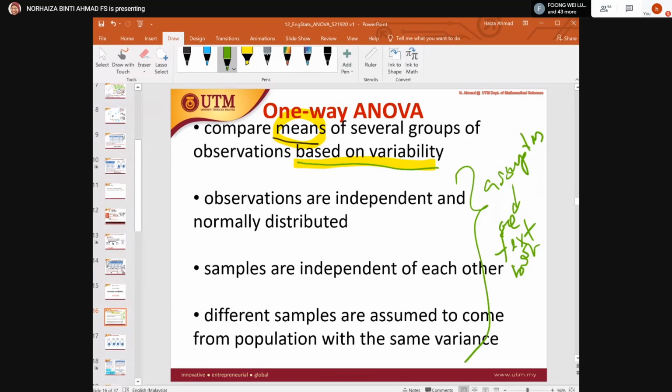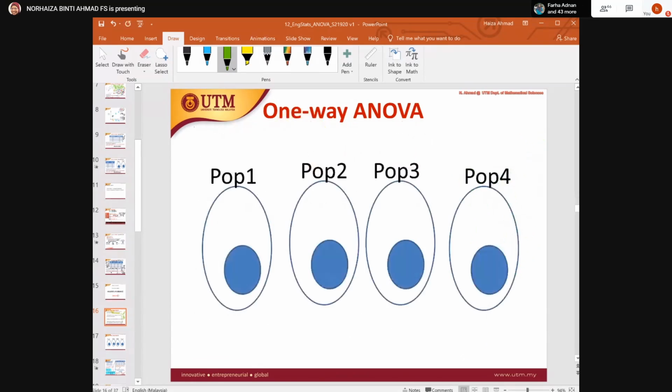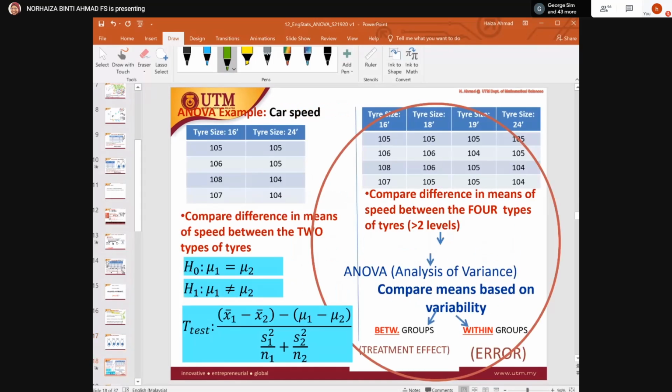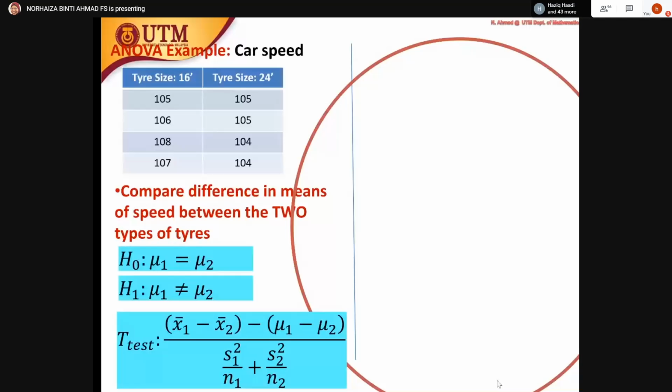So for Anova, you've got more than 2 populations. It doesn't have to be 4, but it has more than 2. To summarize, if you've got 2 populations and you want to compare the difference in the mean, then you would do mu1 equals mu2, mu1 not equals mu2, and so on.